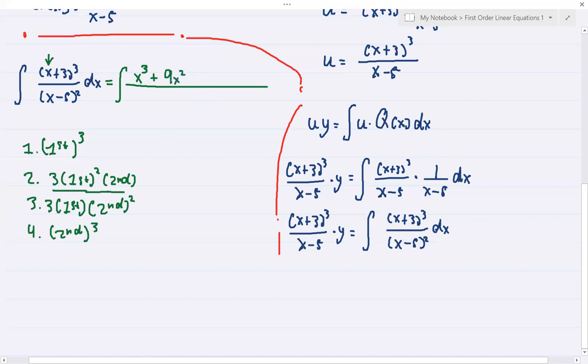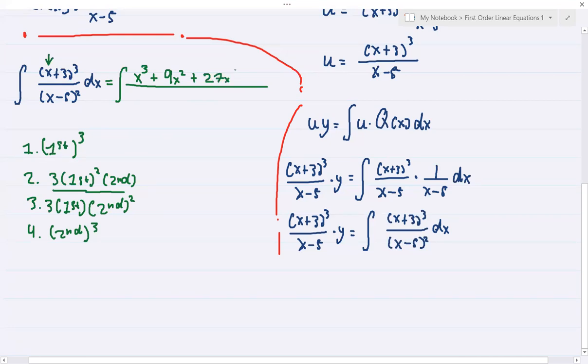Third step, 3 times the first term, x, times the square of your second term, which is 9. So 3 times x times 9, this is 27x. Am I right?